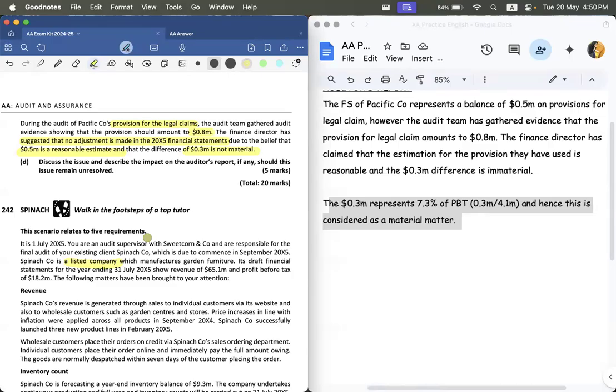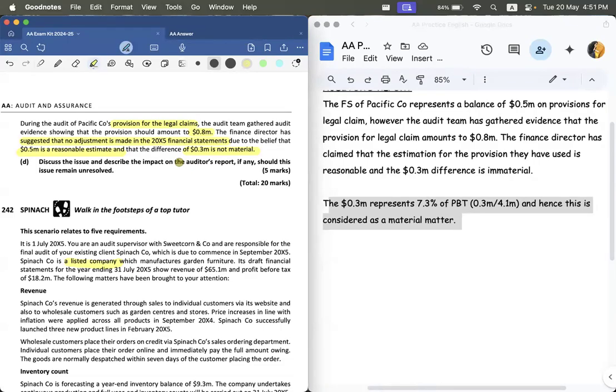Would it make a net asset to a net liability stage, or a profit to loss stage? No, right? If 0.3 is adjusted, does it make a loss? No. Would it make the FS a net liability? No, there is no mention of such things. So this is material but not pervasive.